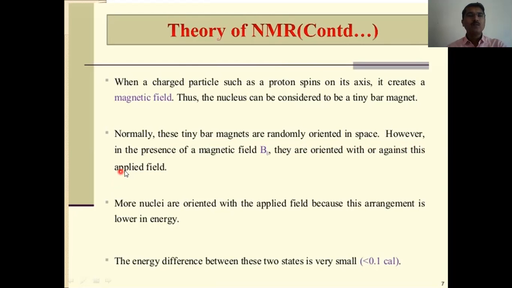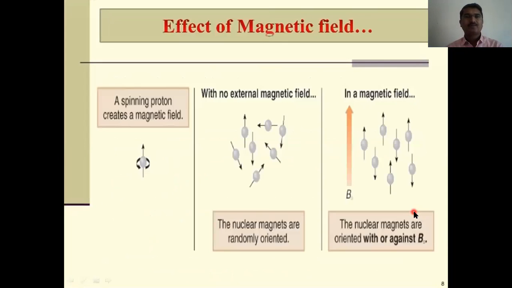However, in the presence of magnetic field B0, they are oriented with or against this applied field. More nuclei are oriented with the applied field because this arrangement is lower in energy. The energy difference between these two states is very small, less than 0.1 calorie.